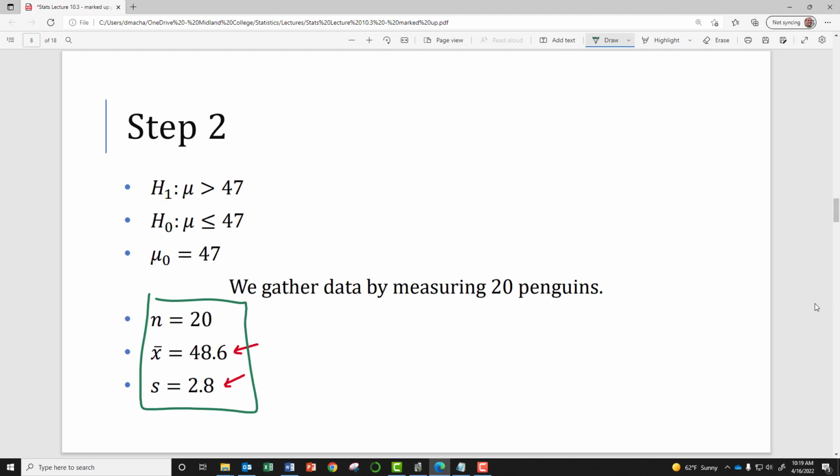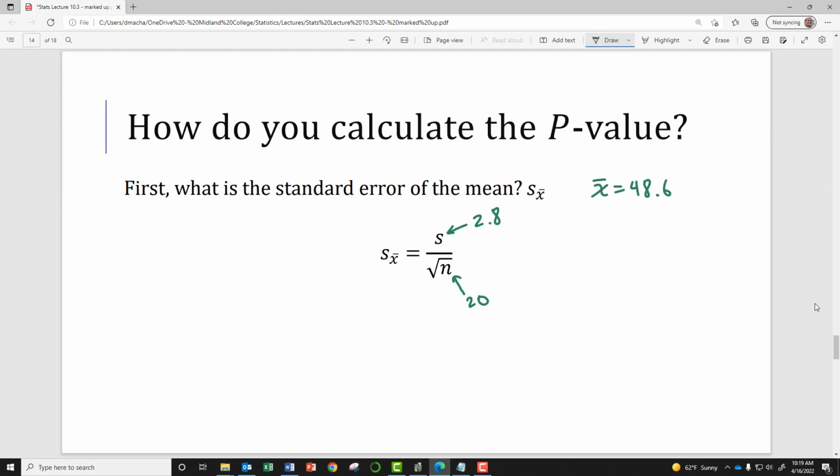Just scroll back up because I have such a bad short-term memory I can never correctly copy these numbers. So 48.6, 2.8. Okay, excellent. So then let's calculate this. Let's calculate lowercase s subscript x bar.